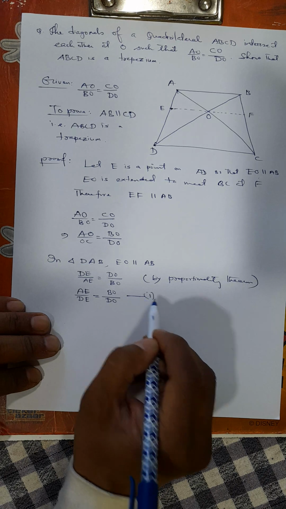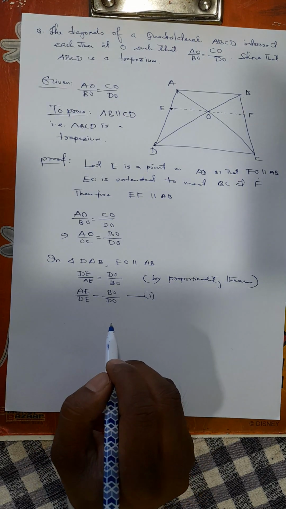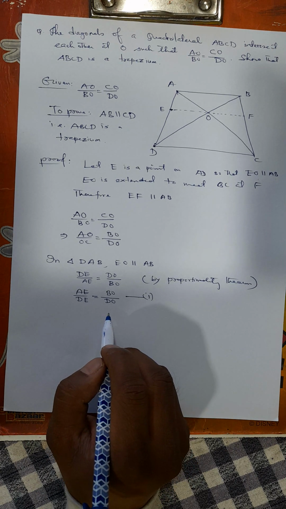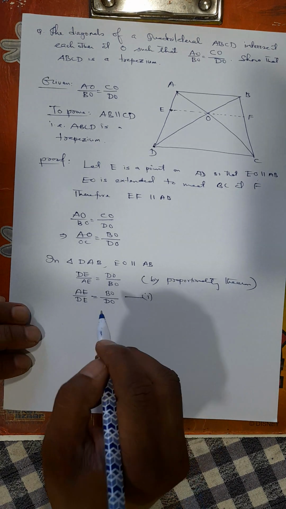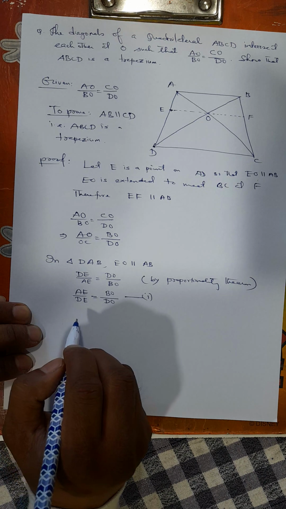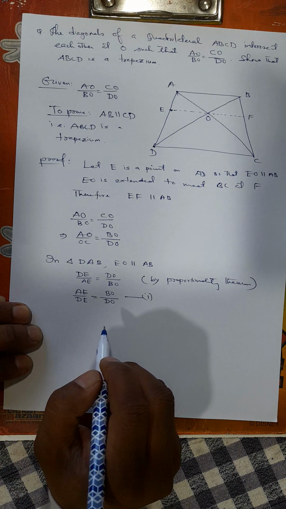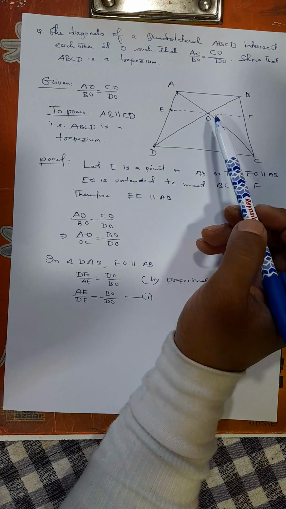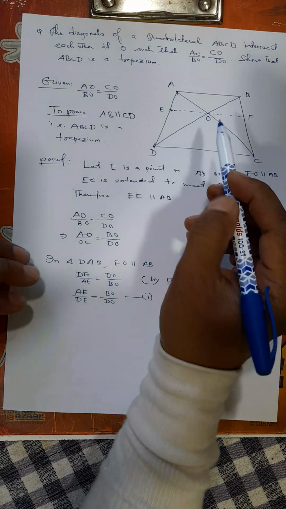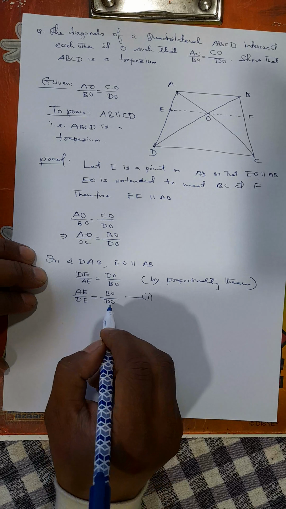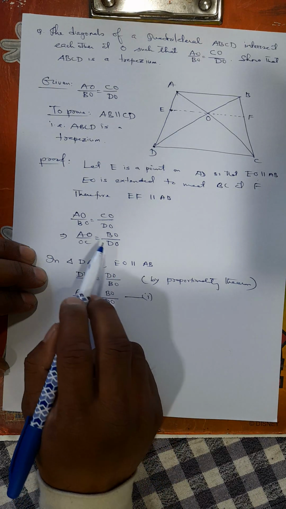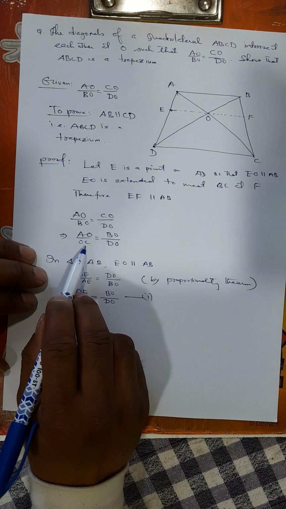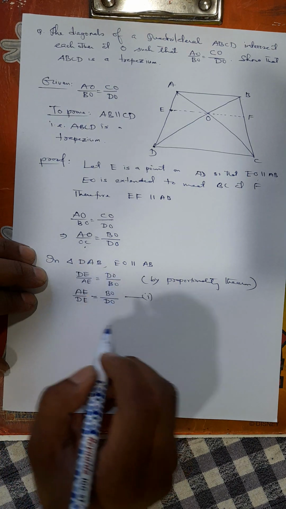So this you treat as 1. AE by DE equals BO by DO. Again you come to this triangle. You see BO by DO equals AO by OC.